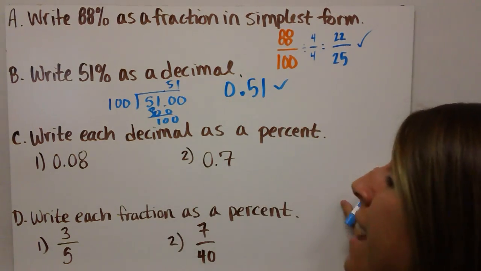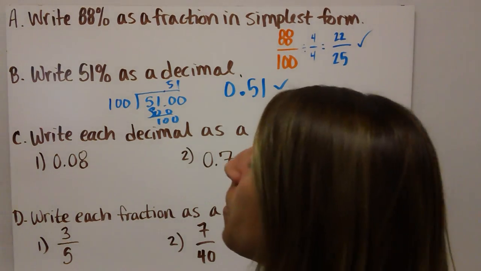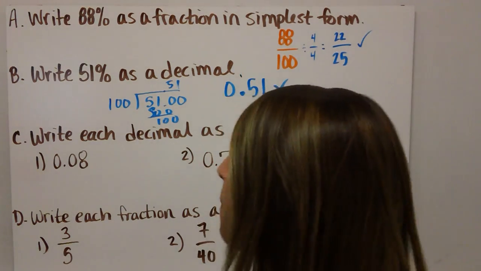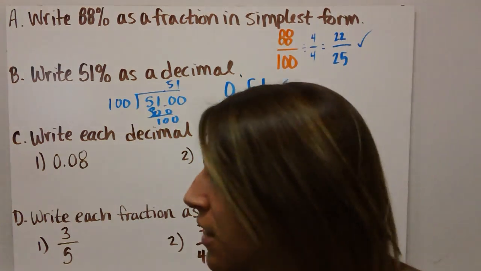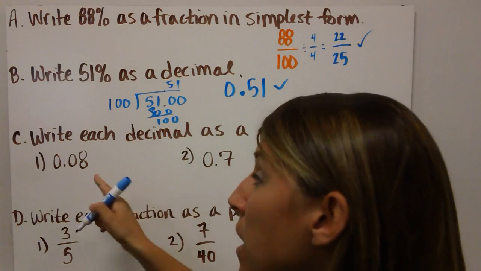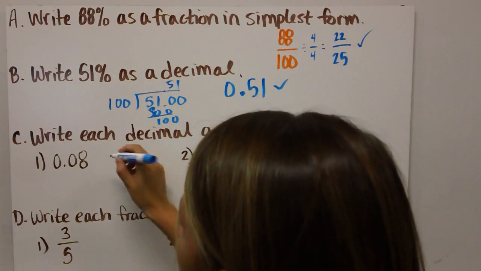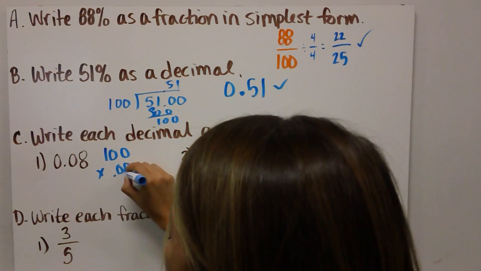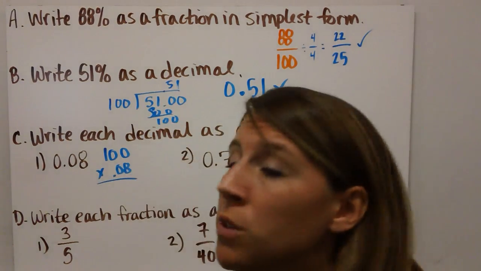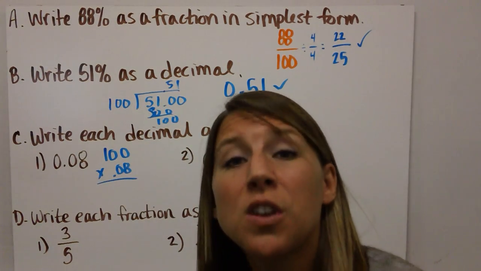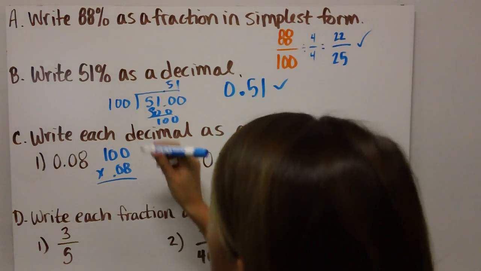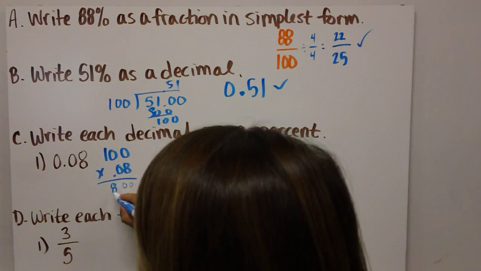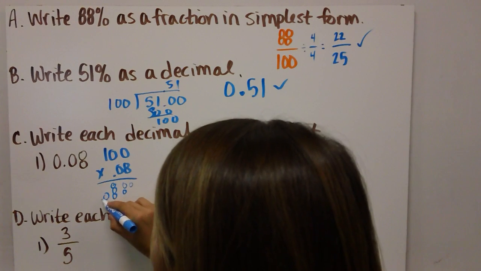Write each decimal as a percent. So to change a decimal to a percent, I multiply by 100. I'm going to show you the pattern here in just a second, but I want to do the math first. So if I'm multiplying by 100, I'm going to say 100 times 0.08. Remember, it doesn't matter which one goes on top and which one goes on the bottom because of the commutative property of multiplication. So that's going to be 0, 0, 8, and then zeros across the bottom.